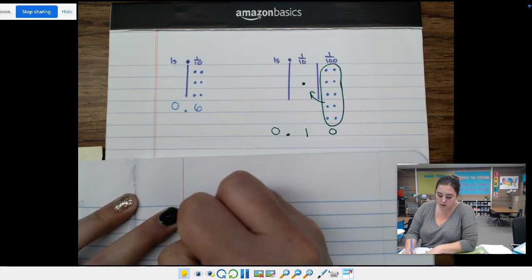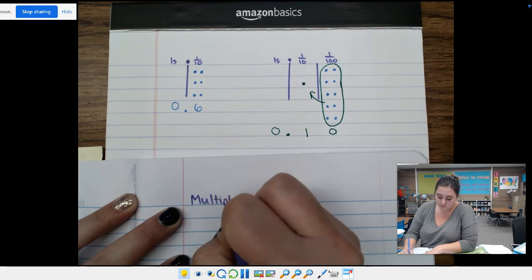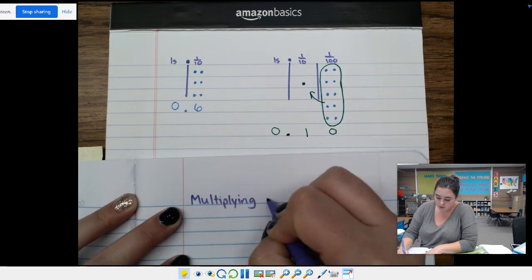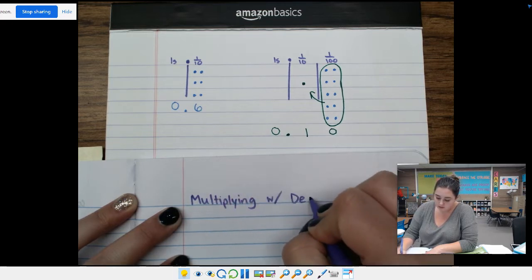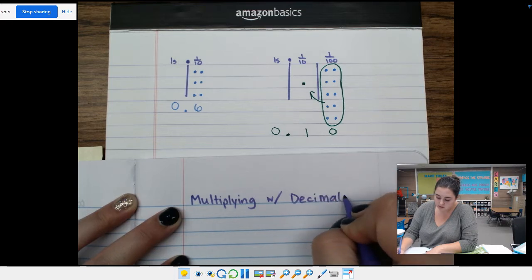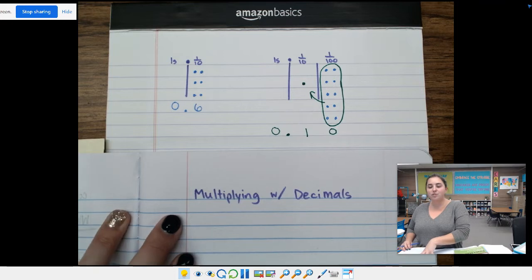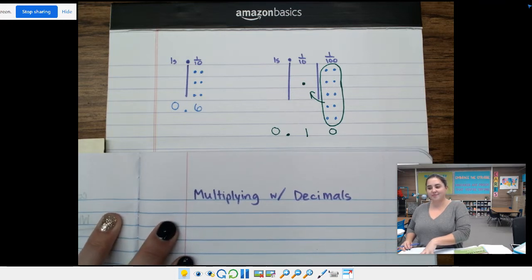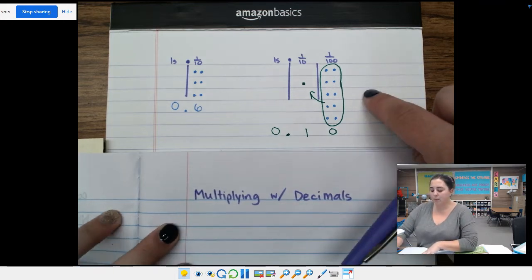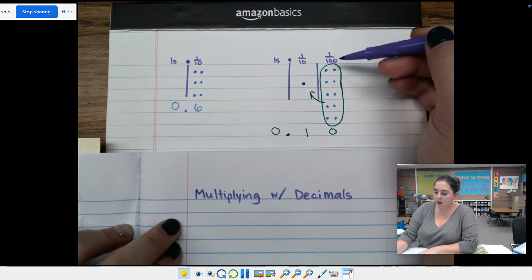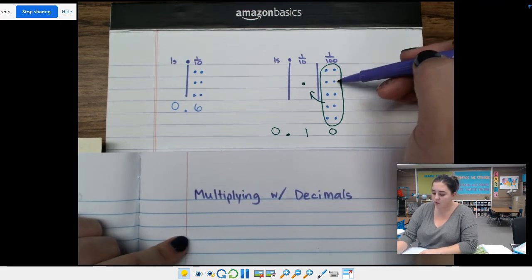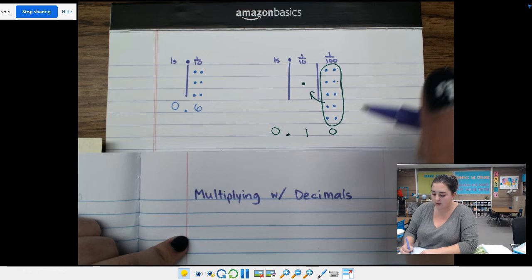So I'm going to do multiplying with decimals. I know I write fast, so you might want to pause the video so you can catch up. All right, this problem here, let's see how many copies I see. 1, 2, 3, 4, 5.